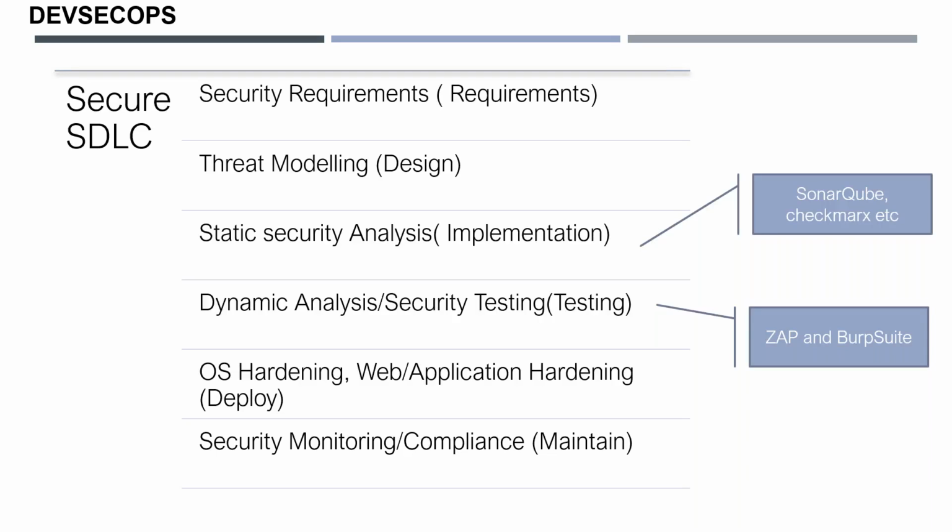The next one is OS hardening. Your server administrators or network administrators will ensure that your servers have only the required software for your application to run. But if you don't have any policies and standards in place, people can go and install any software on their servers.